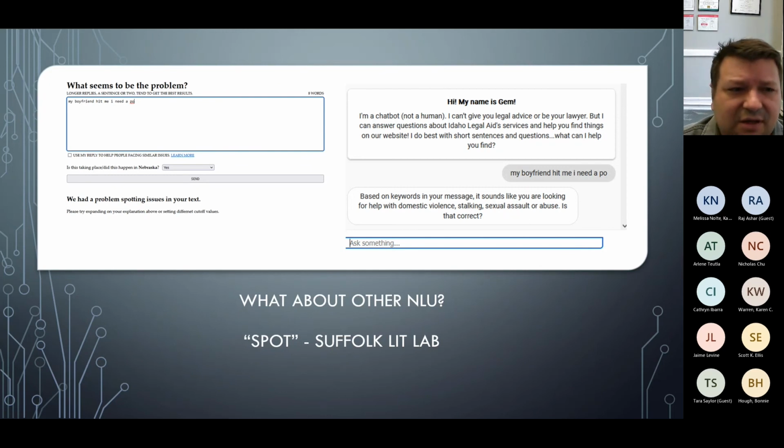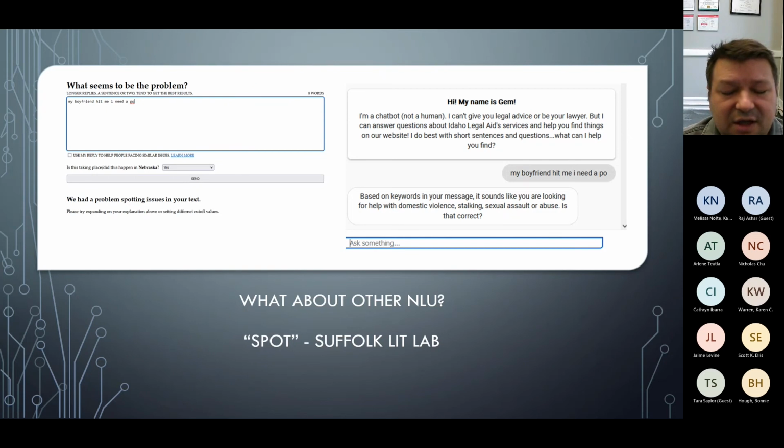The reason I suspect this happens is a really common issue with AI systems generally, which is that the text it's trained on needs to be similar to the text it's trying to understand. So Spot is trained on really long paragraph-length narrative descriptions, almost like stories sometimes, so it doesn't perform as well on really short texts.